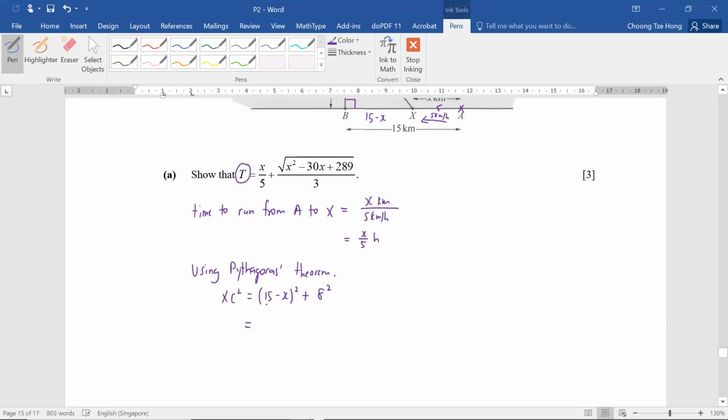Let's expand this first. Remember, (15 minus x) squared you have to expand this way, using the rainbow method. You'll get this plus x squared, then you'll get 64. Rearranging, 225 plus 64 gives you 289. That's why there's a 289 over here. So this is XC squared, and for XC you just square root this.